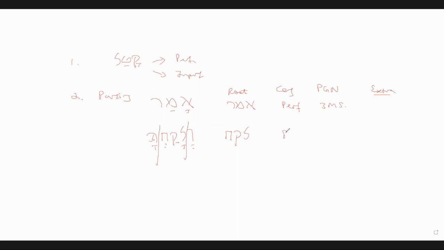Again, the conjugation is the perfect, and this is second person masculine singular, and you add in a vav conjunction, not a vav consecutive, because it's a perfect. So it's just a vav conjunction. Okay, so that means laqach is to take.